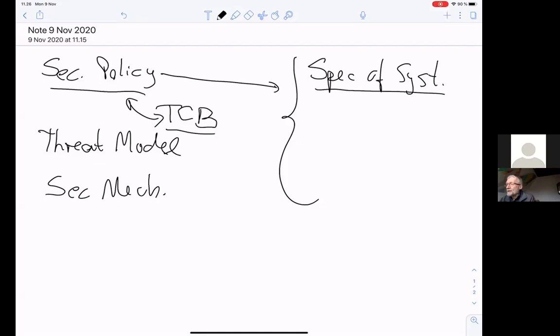And then we have, of course, the rules, so the security objectives. What are we trying to achieve? What is allowed?